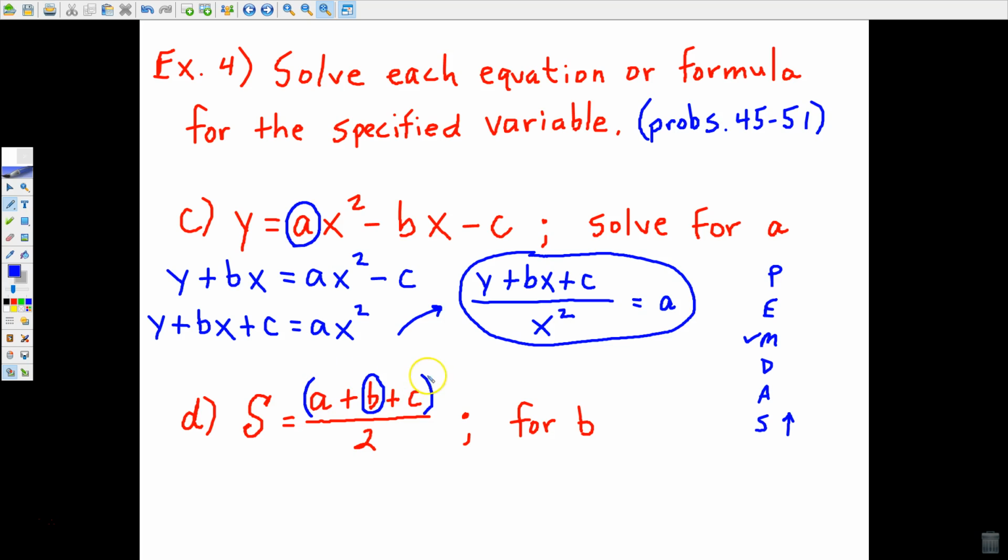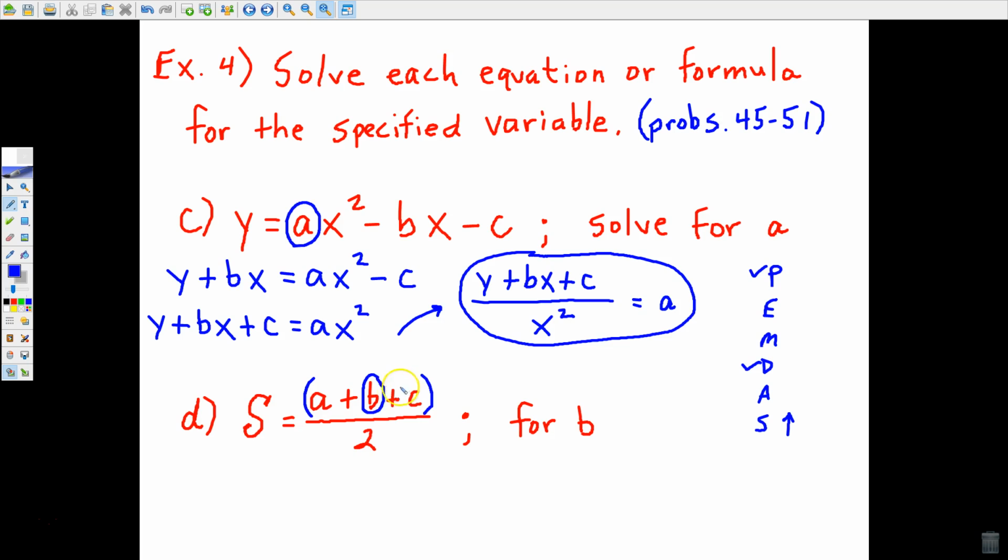Why do I do that? Because it's going to help me remember the proper order to go about solving, in this case for B. I'm going to indicate division, and now I'm going to mark P for parentheses.